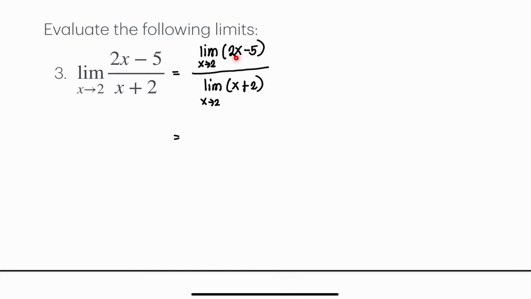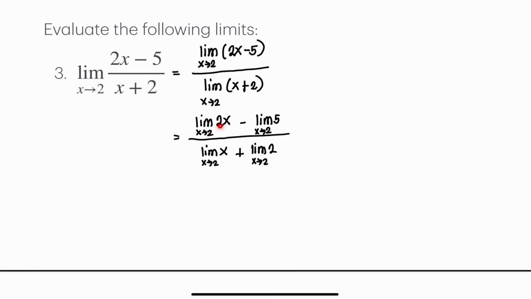And because these are sums, we evaluate individually the limits. That's the limit of 2x as x approaches 2 minus the limit of 5 as x approaches 2, divided by the limit of x as x approaches 2 plus the limit of 2 as x approaches 2.